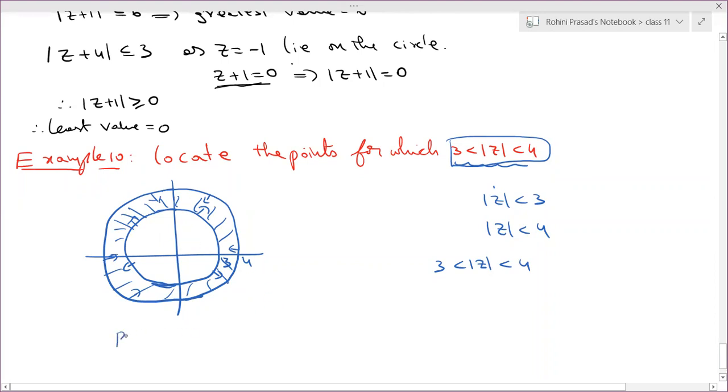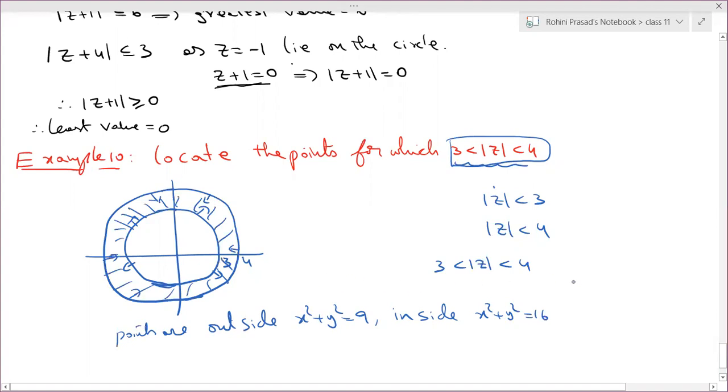So the points are outside the circle x square plus y square equal to 9, and inside x square plus y square equal to 16. So that's what locating them means.